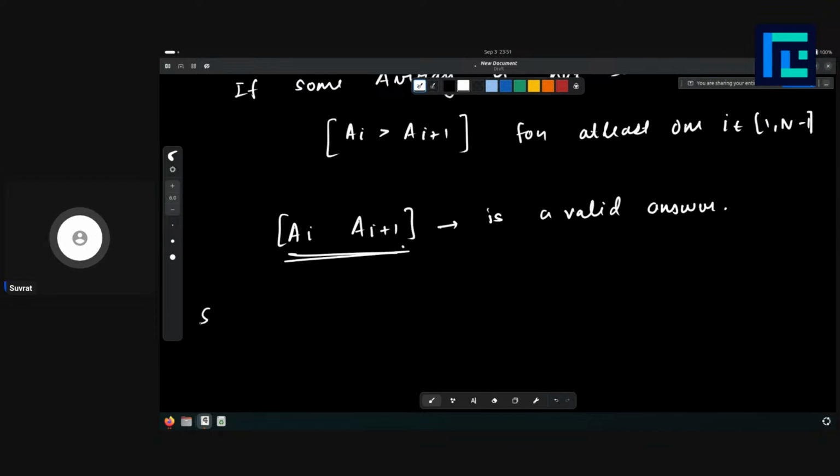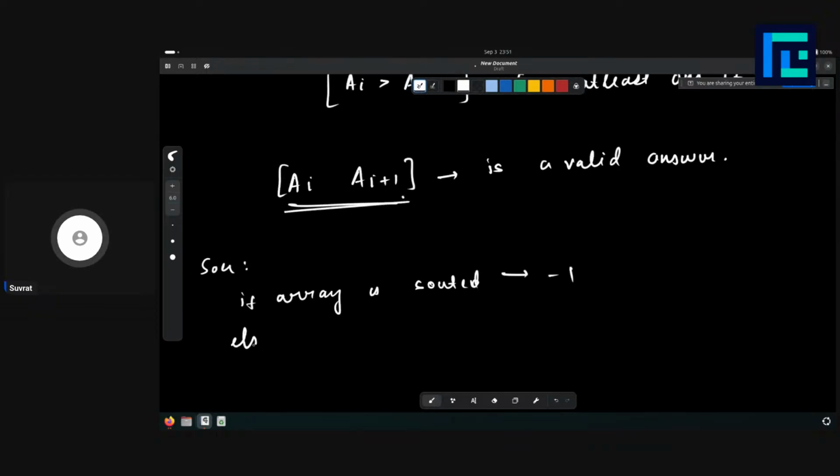So the solution to the question would look like this: if array is sorted, then no, basically minus 1. Else we can check for i equal to 1 to n minus 1.